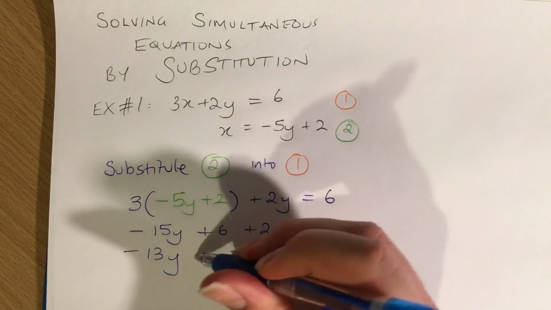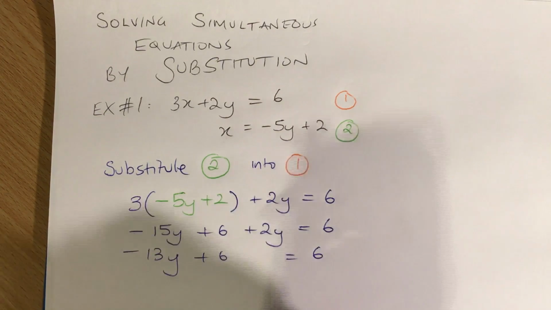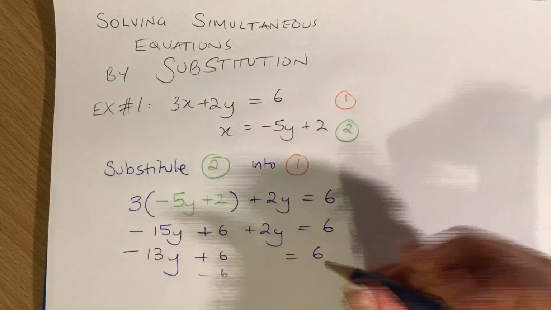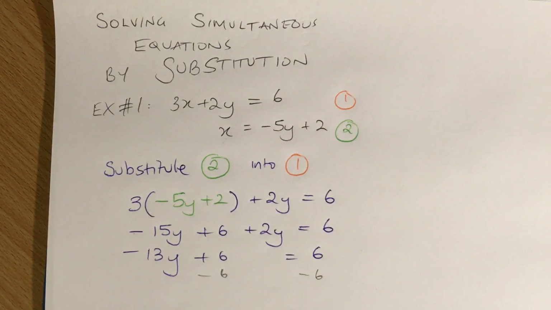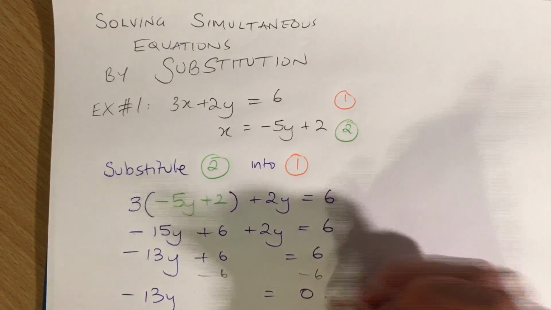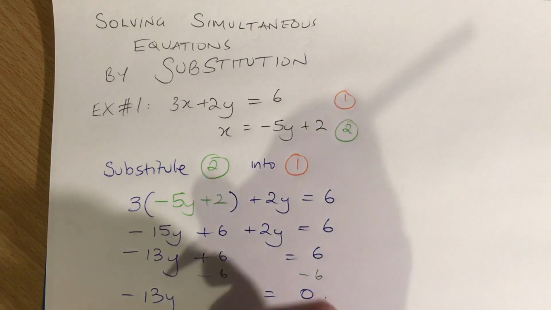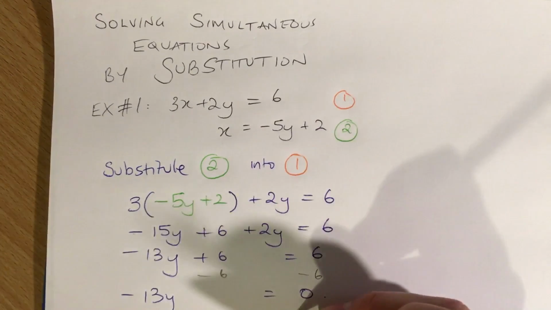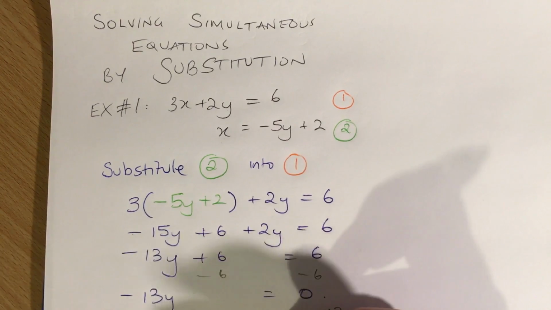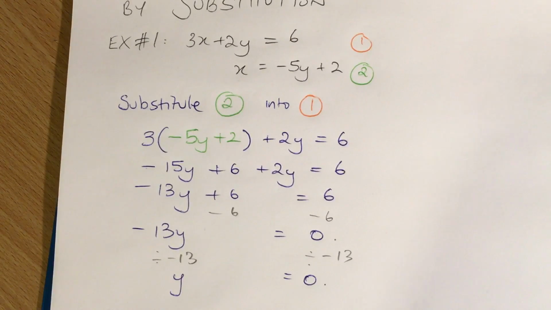So negative 13y plus 6 is equal to 6. Then I just need to take away 6 on both sides, and I get negative 13y is equal to 0. And then if I divide both sides by negative 13, 0 divided by negative 13 will be equal to 0. See down there.